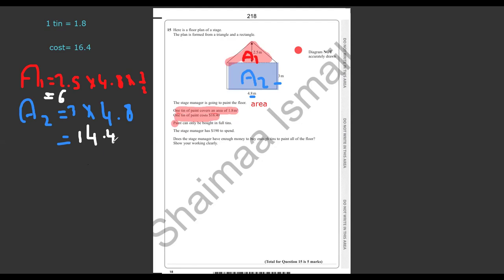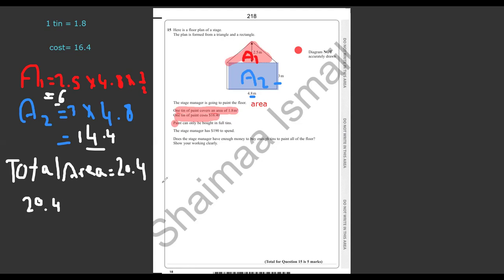And here, total area here will be equal to 14.4 plus 6, which equals 20. So we take this total area, then divide by 1 paint, just to know how many tins.